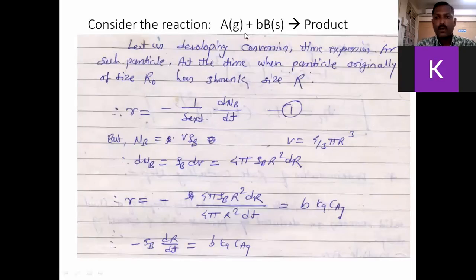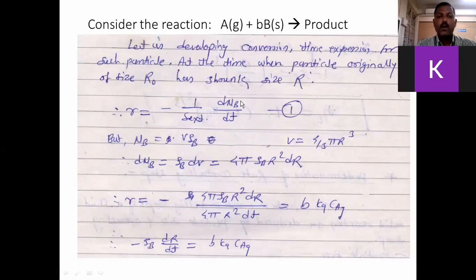Why convert in terms of A? Because we wrote it in terms of B, which is the limiting component, the solid, while A is the excess component, and the rate of reaction depends on the limiting component. So the rate of reaction is written as minus 1 upon S exterior dNB upon dt.